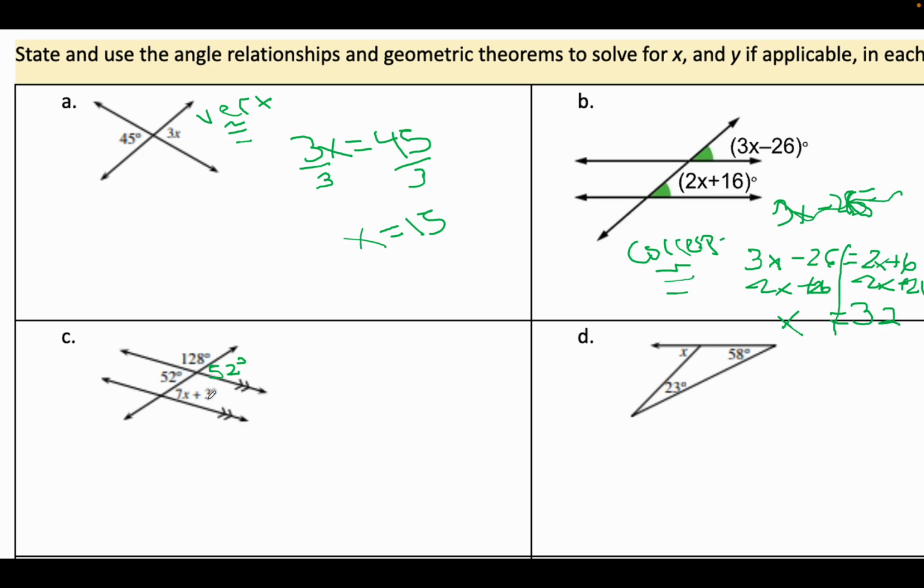So then I know 7x plus 3 is equal to 52 degrees. Then I can solve, subtract 3, 7x equals 49, divide by 7, x equals 7.